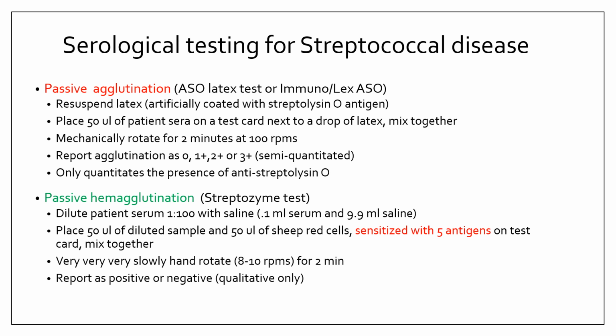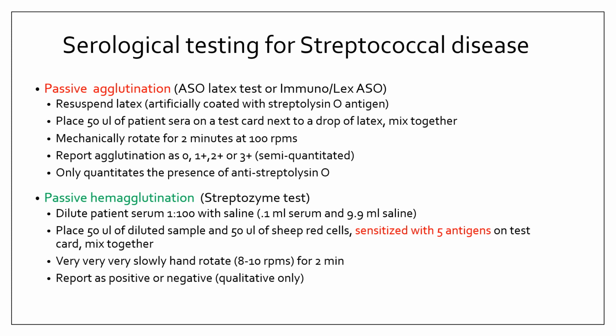We want to very, very slowly mix that test card by hand for about 8 to 10 RPMs for 2 minutes. That's really slow. And then we report either positive or negative. And this is qualitative. So a positive result would show the presence of large agglutinins, and a negative control would show a completely smooth background.